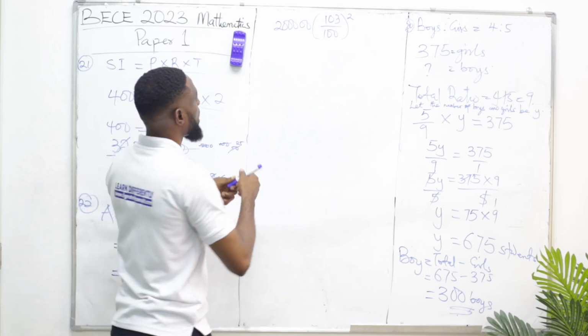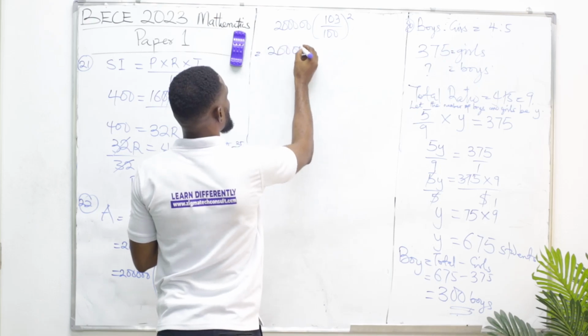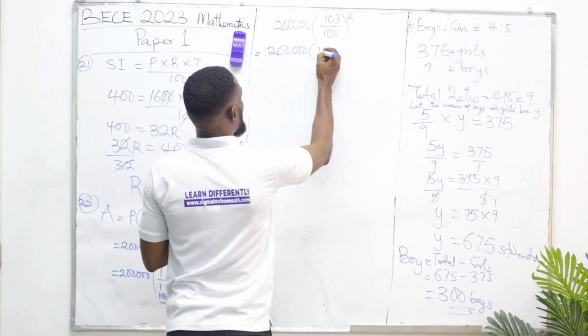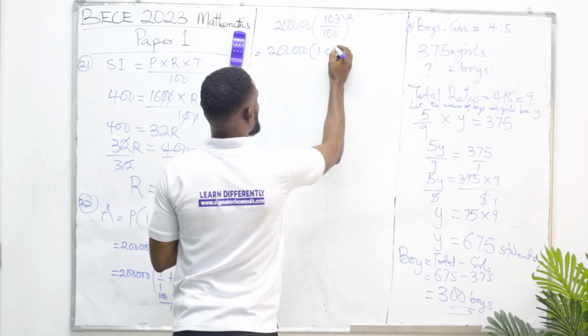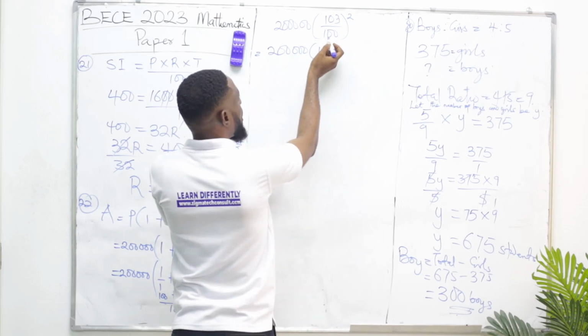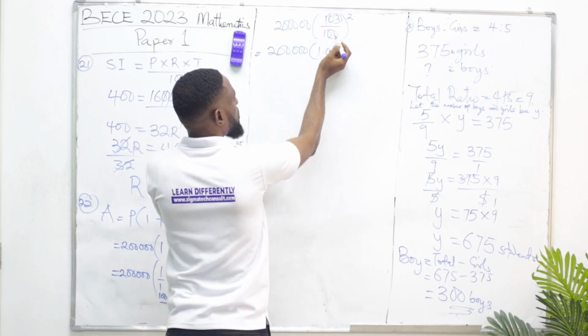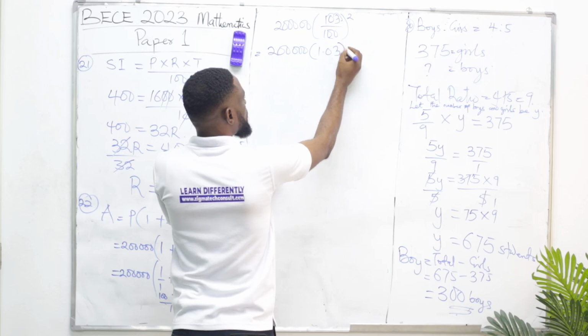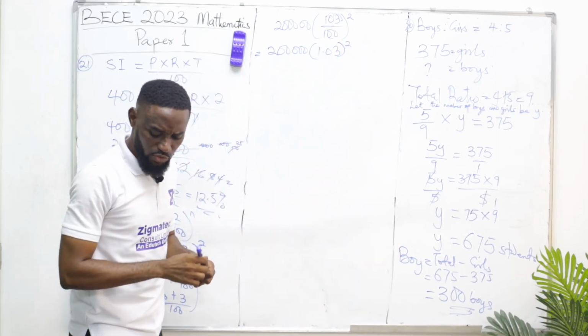So we are having 200,000 into 1.03. All right, how we got this is simply moving one, two places. That is 2, and we move back. 1.03 raised to power 2. Yes, raised to power 2.